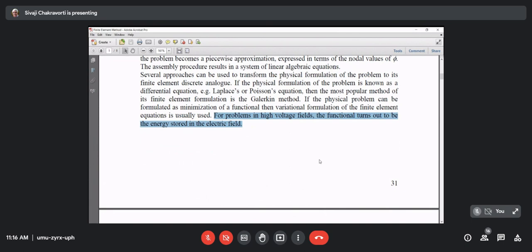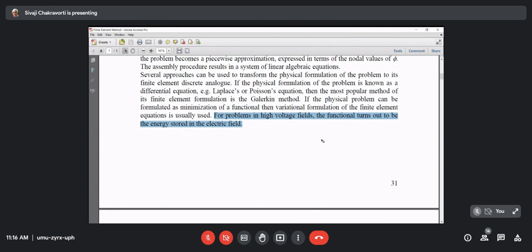So the same approach we follow here, that whatever be the potentials of the electrodes, etc., the field is developed in such a way that the energy stored in the electric field will always be minimum. That is the condition of stability.